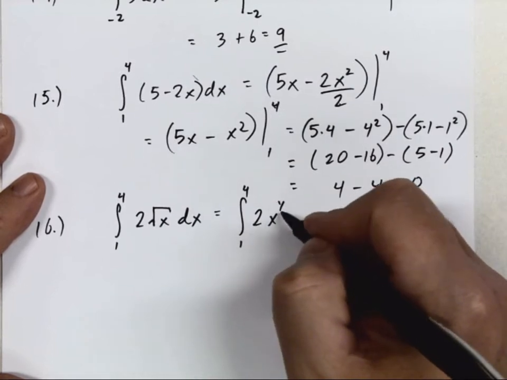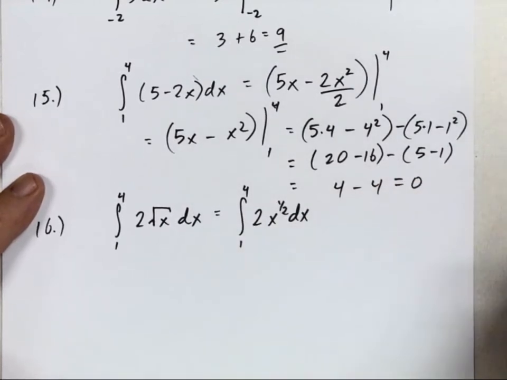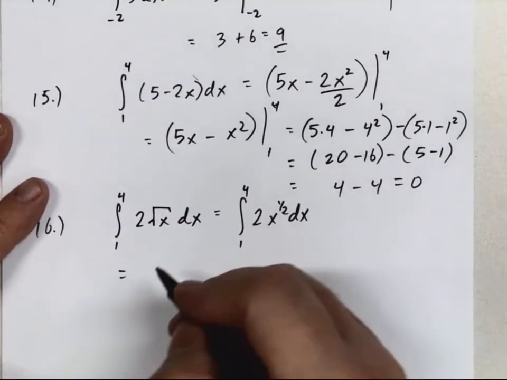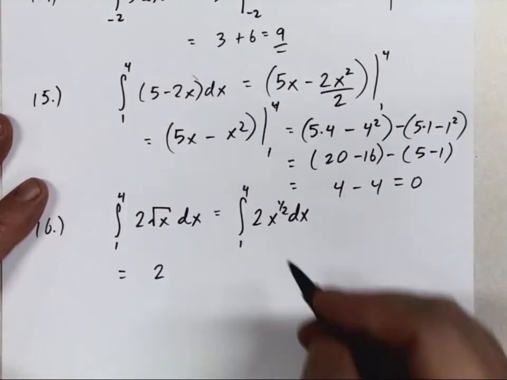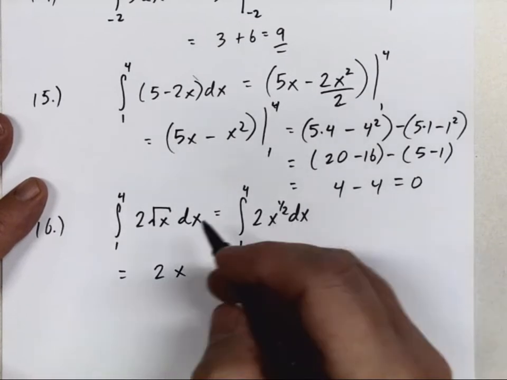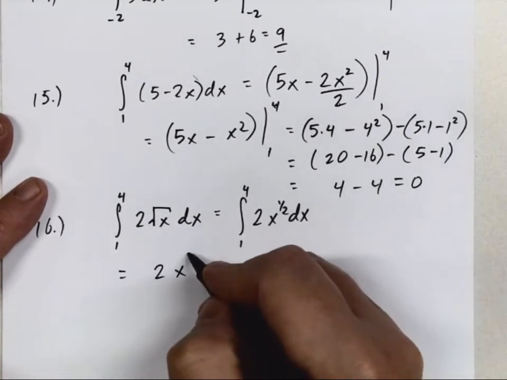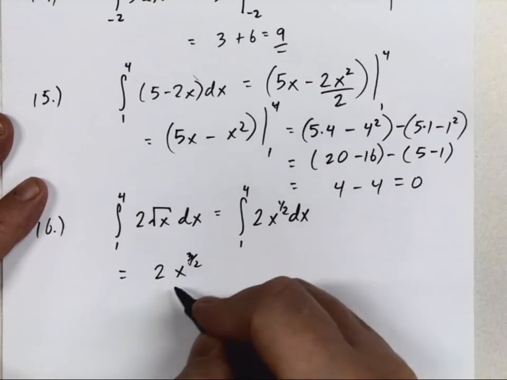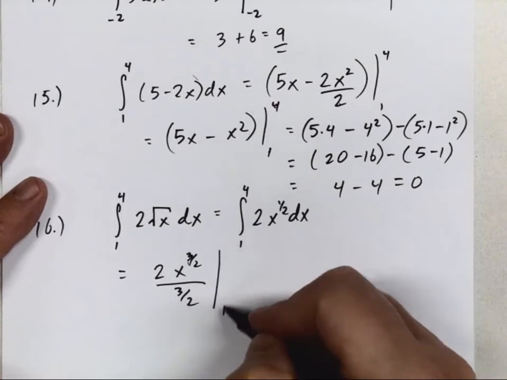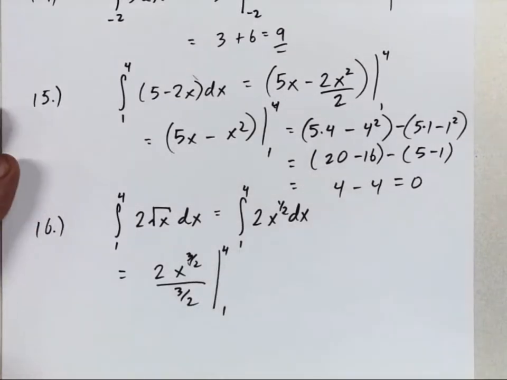Turn it into a rational exponent. Now I'm ready to integrate, put the 2, so x, and then you add 1 to this, so adding 1 to 1/2 becomes 3/2, and then that exponent goes on the bottom. But I don't put plus c, instead I just put my vertical bar with my numbers.